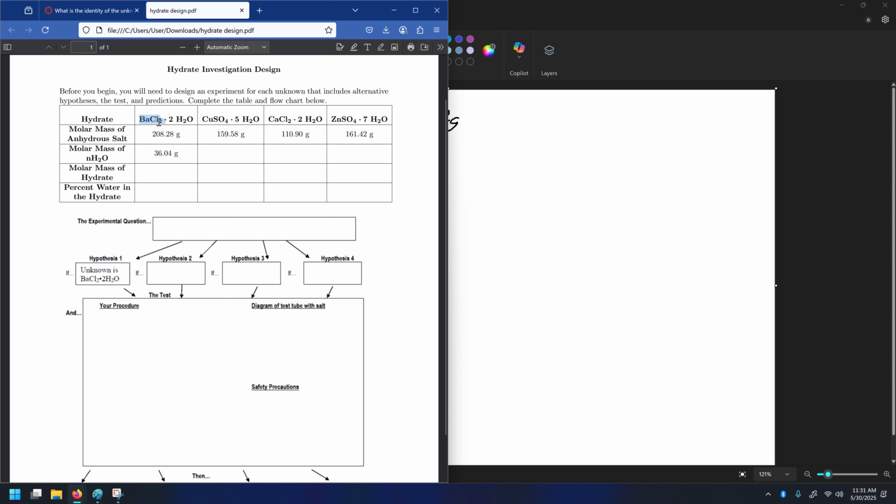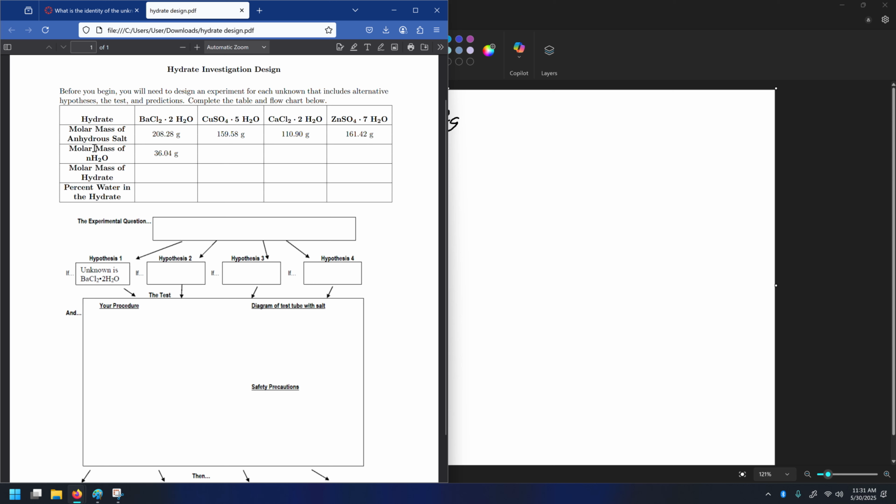So we've just done some of the weirder calculations for you there. We added 1 barium and 2 chlorines together to come up with 208.28 grams.